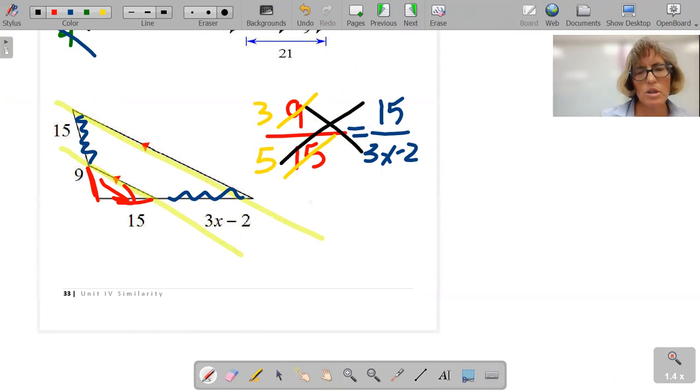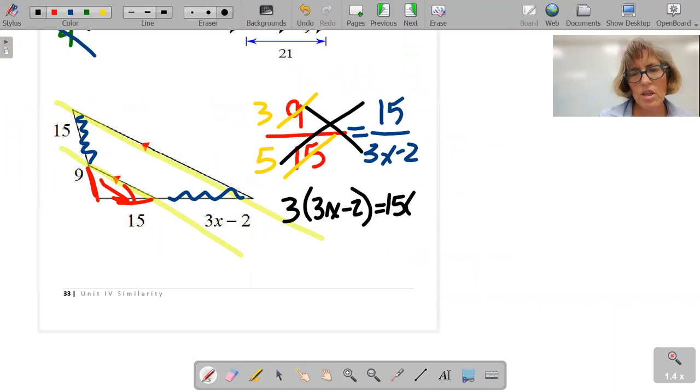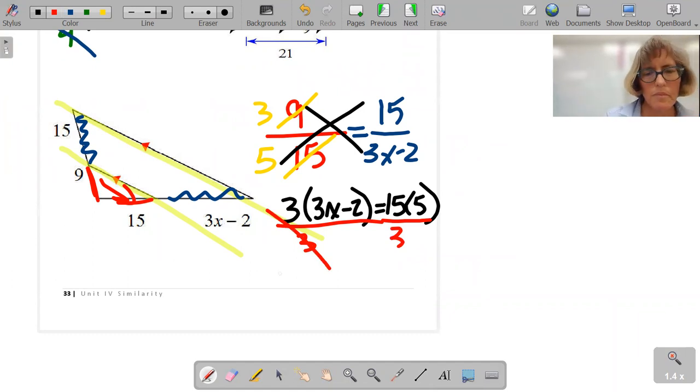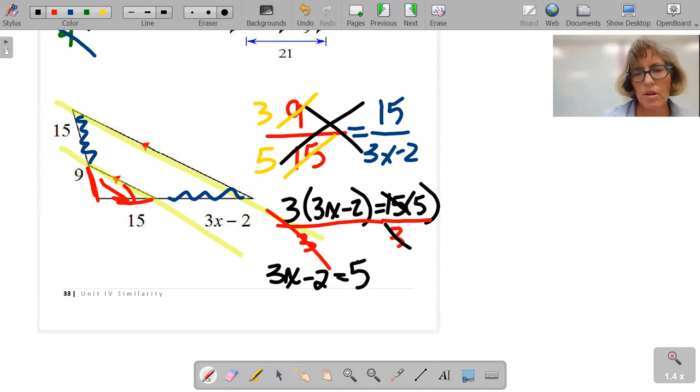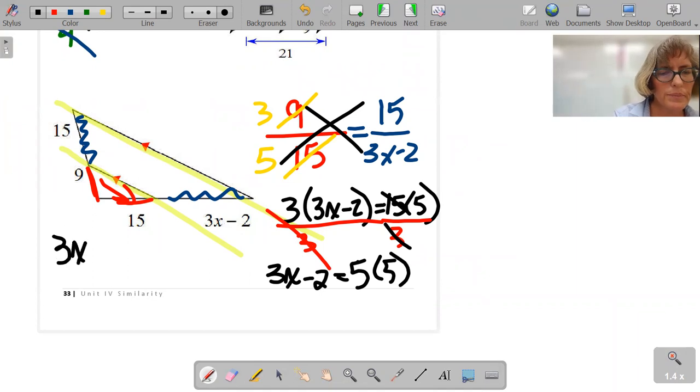Now I'm going to cross multiply. 3x minus 2, 15 times 5. We divide out the 3. 3x minus 2, the 3 goes into the 15 5 times. So we have 5 times 5. Bring it over here.